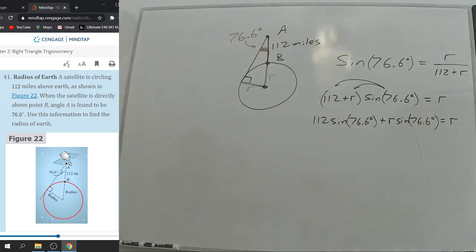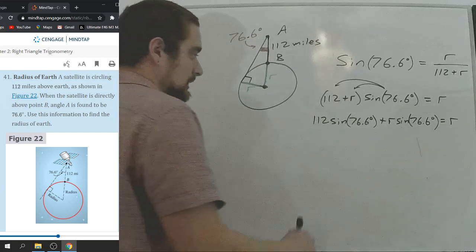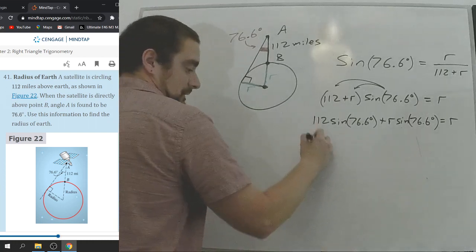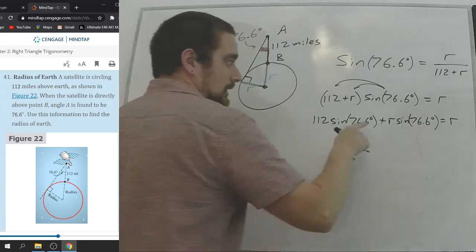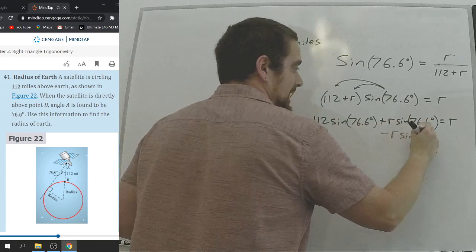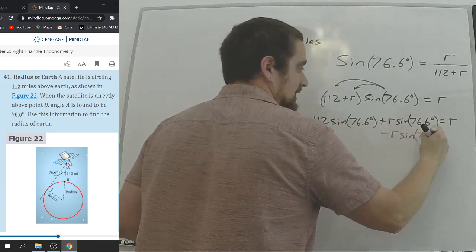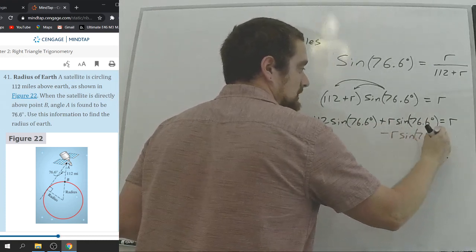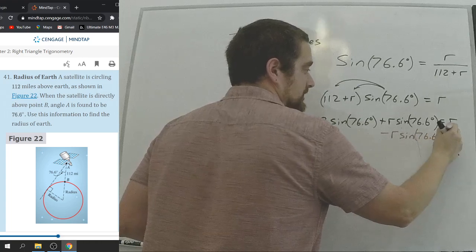I'm distributing from right to left across that binomial, 112 plus R. Okay, this gives us something where we want to get all of our R's on one side. So I'm going to subtract R times sine of 76.6 degrees on both sides.